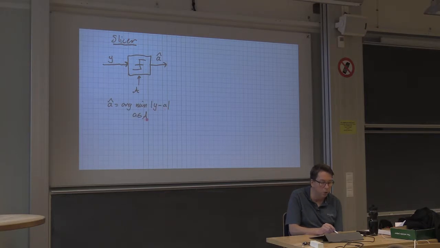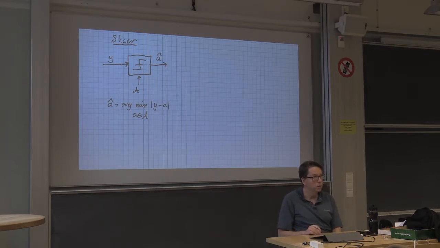Well, we check all A in the set curly A, and then we look for the minimum of this. Okay, and we're not interested in the minimum value per se, but we are interested in the element A which minimizes this. So the arg min picks the A which minimizes this. Okay? And that is A hat. Questions?